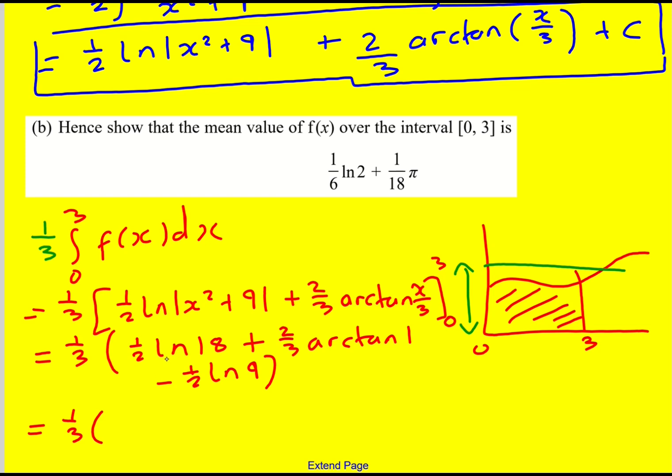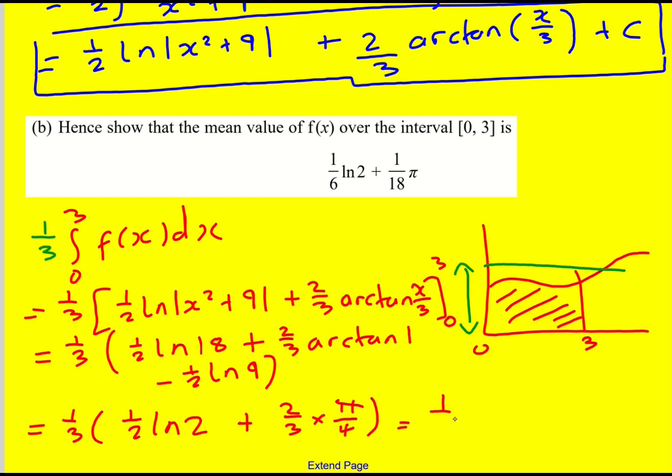This will become a third. I can bring the half ln 18 and minus a half ln 9 together, just factorize out the half, and then do ln 18 minus ln 9, that's 18 over 9, so I'm going to get a half ln 2. Hey, we've got our sixth ln 2 sorted. And then it'll be plus 2 over 3. Arctan of 1 is actually pi over 4.